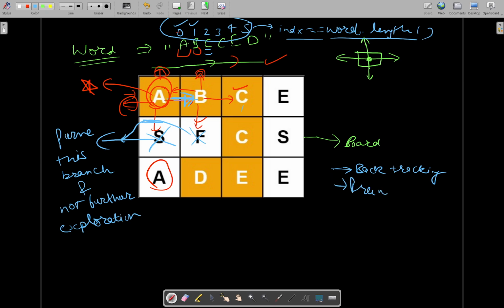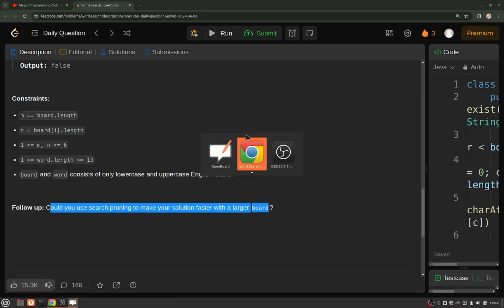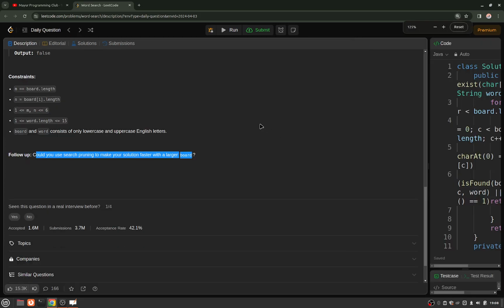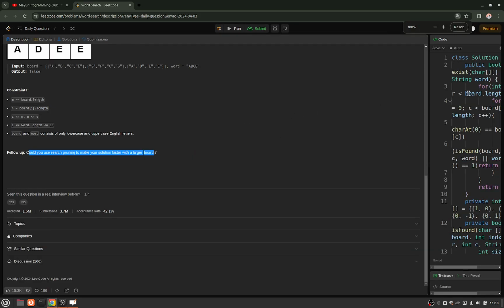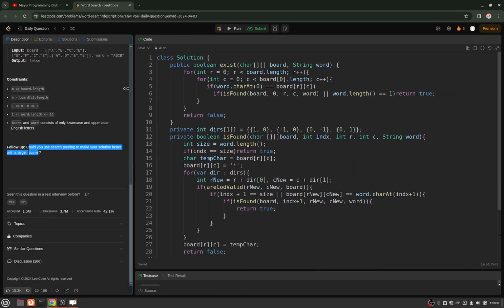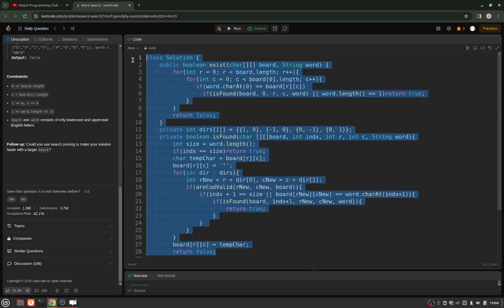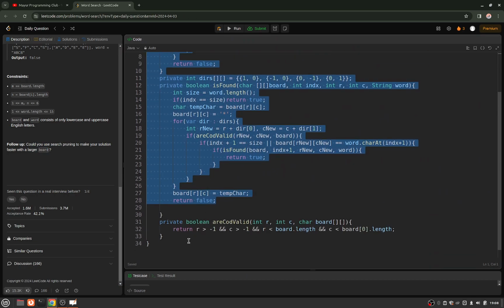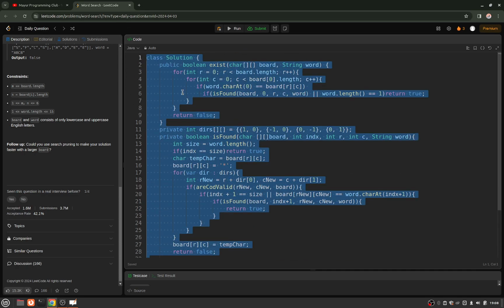Pruning I have shown you. So let's see the solution or the implementation, you can say. Things will be more clear here, or if you want I can take this one to the board also. Let's take it to the board.